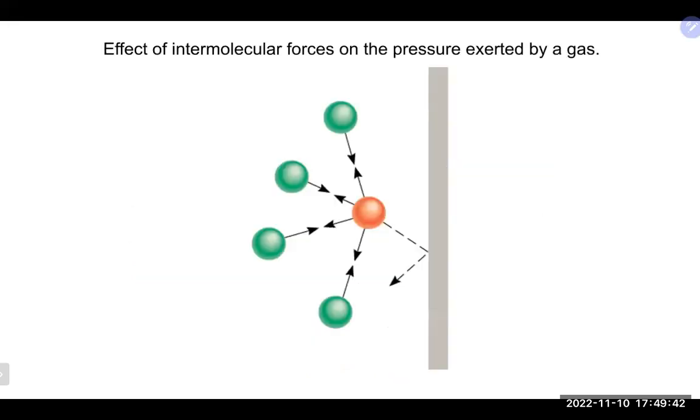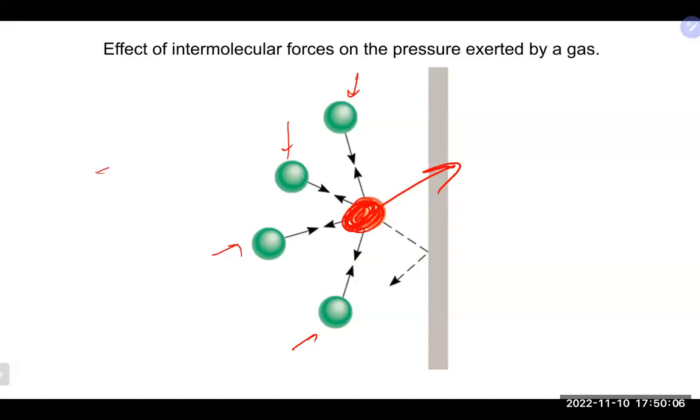So why is all this important? In an ideal situation, our gas molecule here would be free to go bang the wall there, with no effect of any other gas molecules that may be near it. But if this gas molecule here in the middle does have some type of attractive forces to some other gas molecules, it's going to create a drag, if you will.